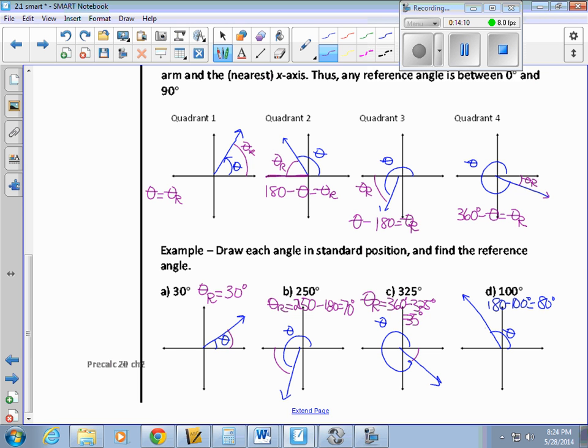So what I'm looking for is this measurement here. Reference angles are going to come into play in the next section when we're calculating all the possible values for different trig functions.